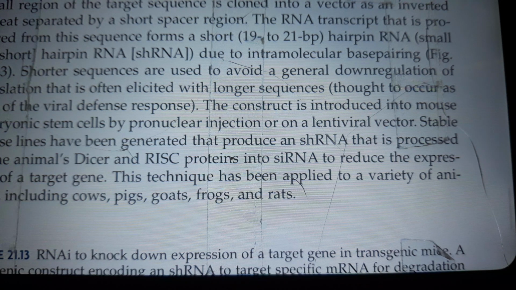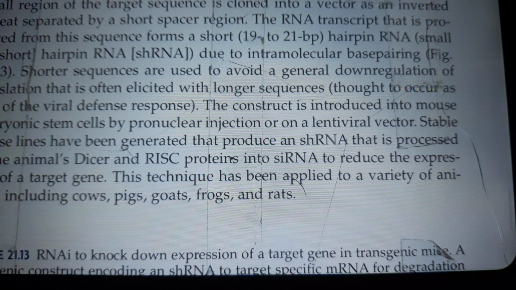The RNA transcript that is produced from the sequence forms a short 19 to 21 base pair hairpin RNA, small or short hairpin RNA, shRNA, due to intramolecular base pairing. Shorter sequences are used to avoid a general down-regulation of translation that is often elicited with longer sequences, as occurs as part of the viral defense system.